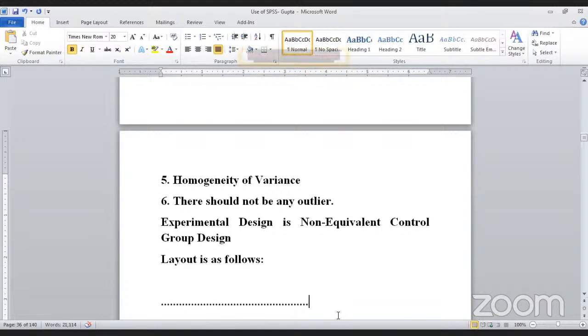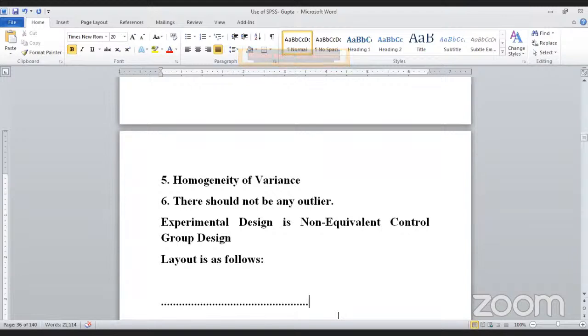Whenever you do an experiment and take two groups, they might be equivalent on the basis of their age, maybe on the basis of their gender, but they may not be equivalent on the basis of their intelligence, their self-confidence, the socio-economic status.